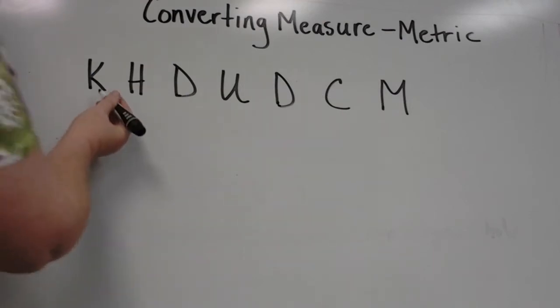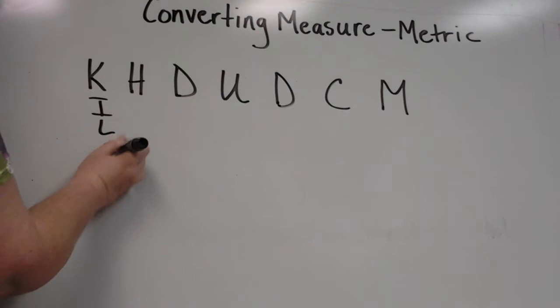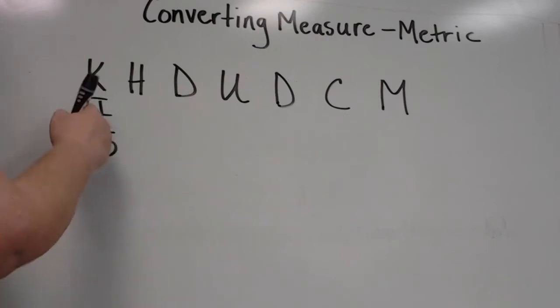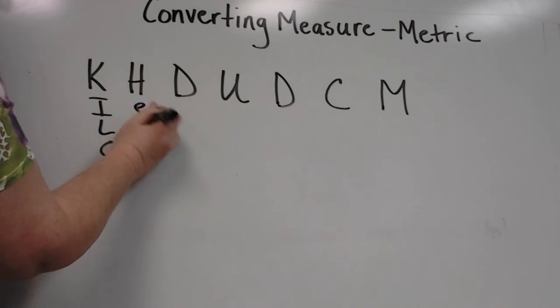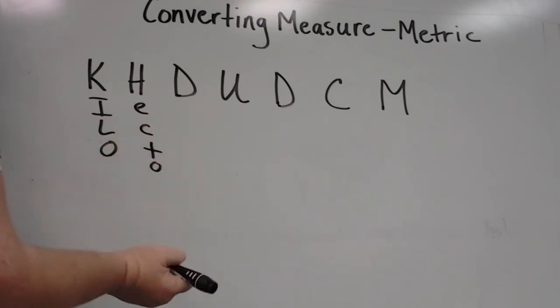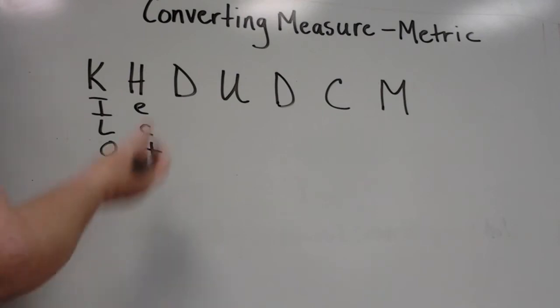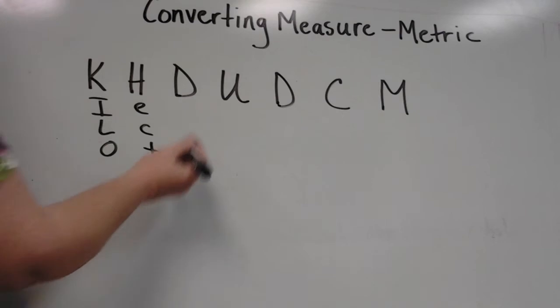Now, K in the metric system stands for kilo. Have you heard of a kilometer or a kiloliter or a kilogram? Kilo means 1,000. H stands for hecto. Hecto means 100. Hectometer, hectoliter, hectogram.